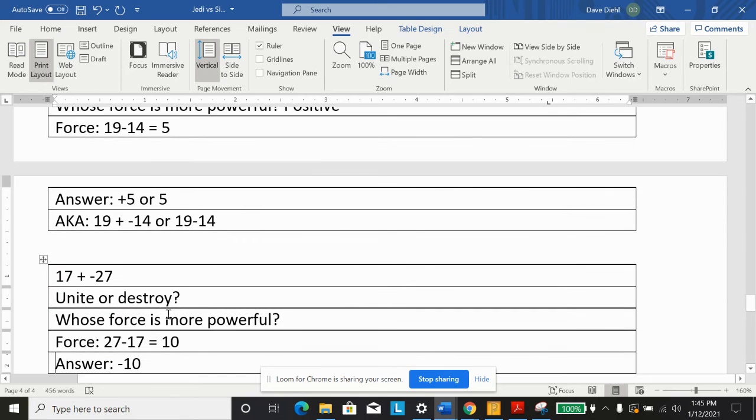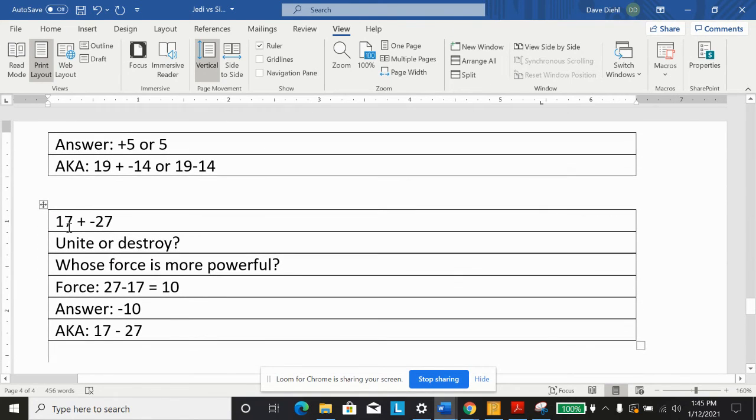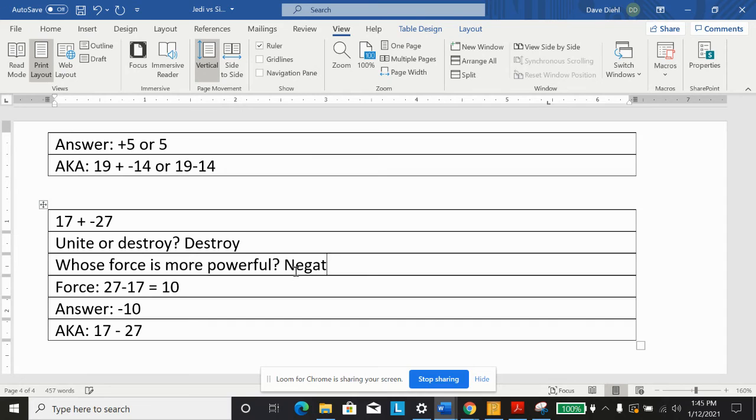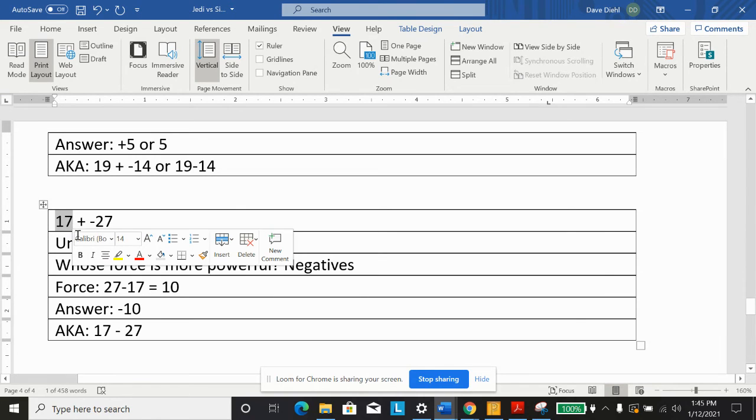How about this? 17 plus -27. Is this a unite or destroy? You should have said destroy because the signs are different, so they're going to cancel each other out. Who's more powerful here? You should have said negatives. The negatives are more powerful because you can see -27 is more powerful than +17.